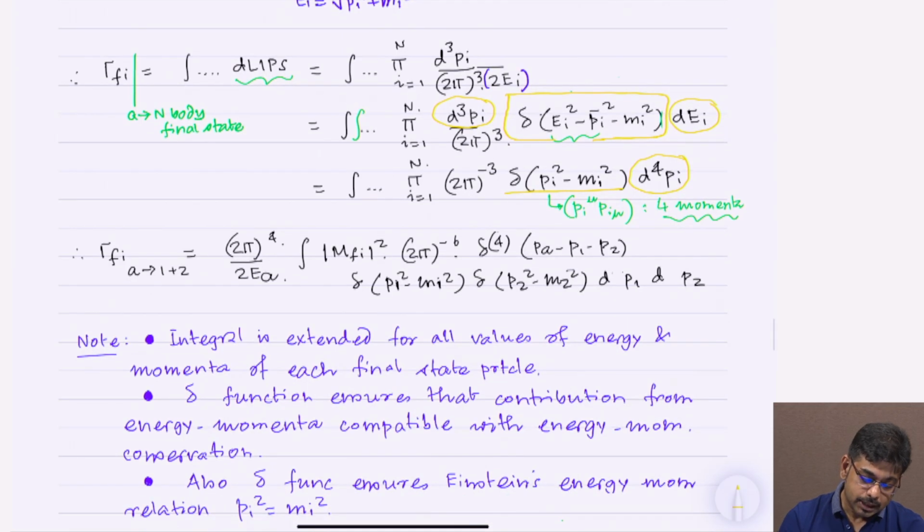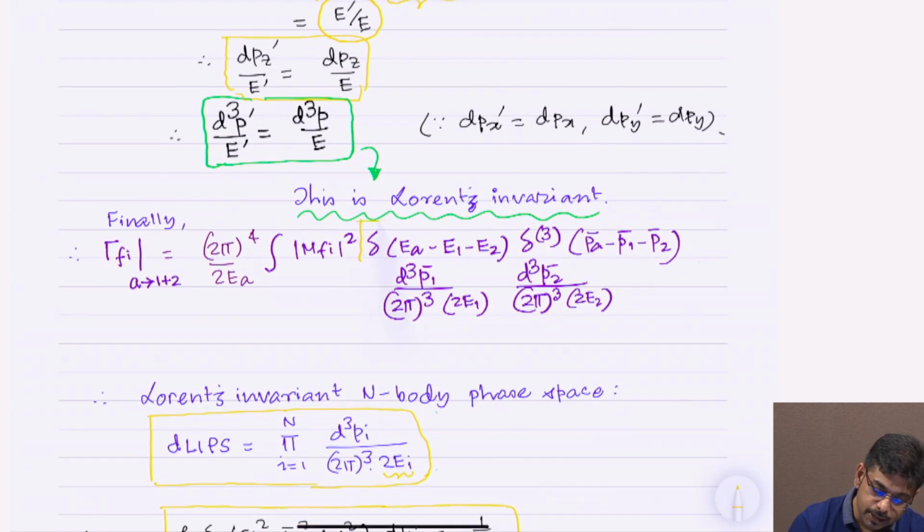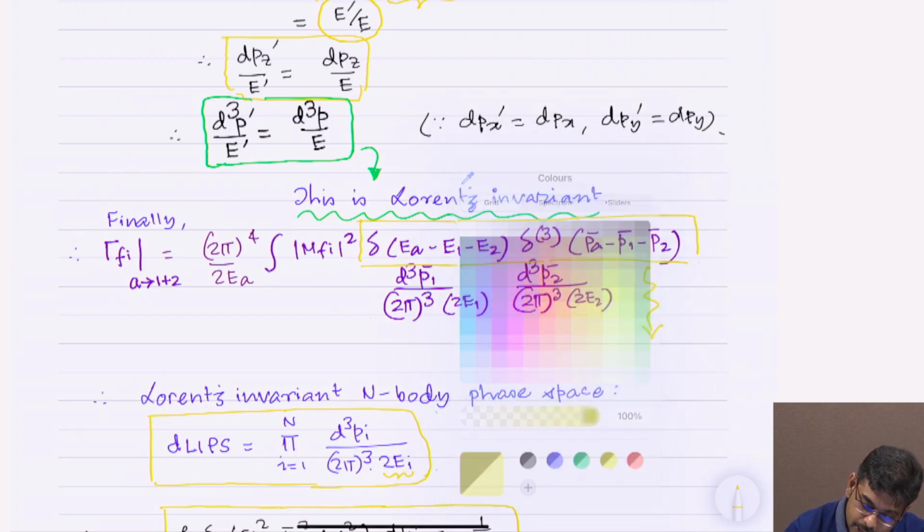Okay? So, together for gamma of A going to 1 plus 2, this expression turns out to be (2 pi) to the power 4 by 2 Ea times Mfi square, times (2 pi) to the power minus 6, times, now you see that these two functions, delta of Ea minus E1 minus E2 and delta cube of Pa minus P1 minus P2, this is actually a delta 4.